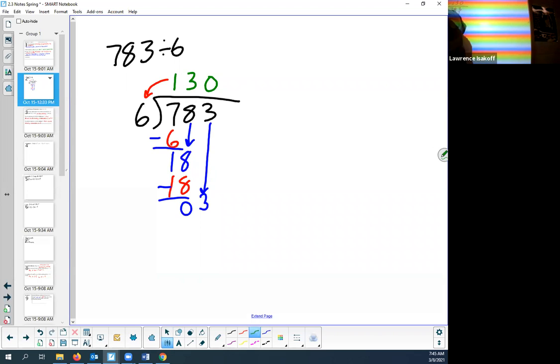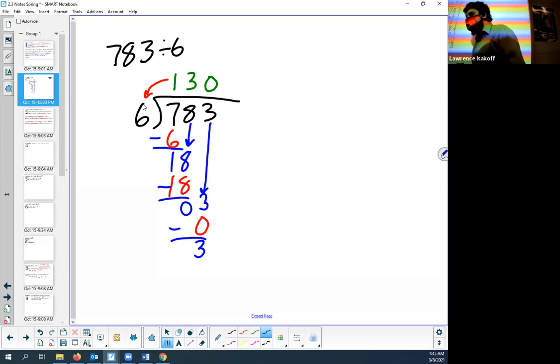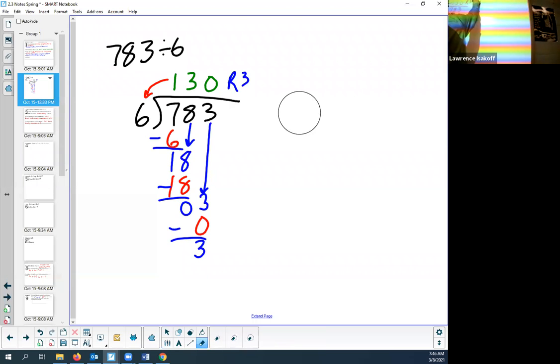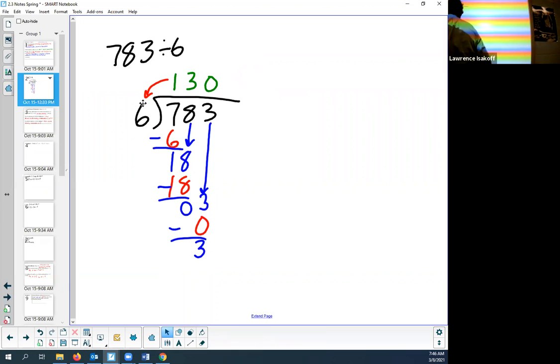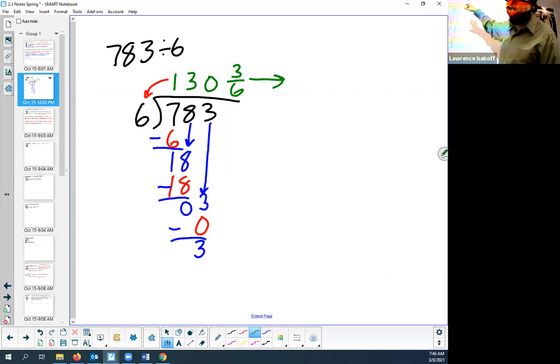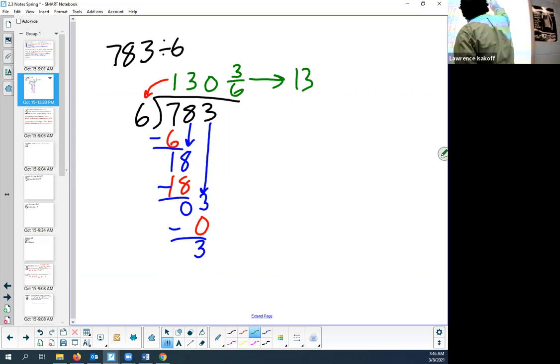So that goes in 0 times, 6 times 0 is 0. When I subtract, that gives me a remainder of 3. In elementary school, you might have just said, oh, remainder 3. You could also write it as a fraction, 3 over 6, and that's how I'm going to write it. 3 over 6 would reduce to 1/2. So the answer is 130 and 1/2.